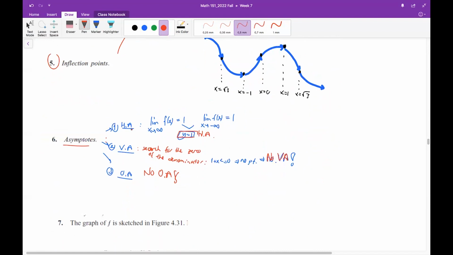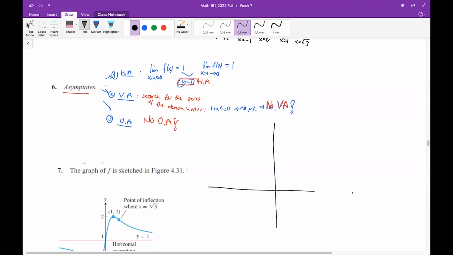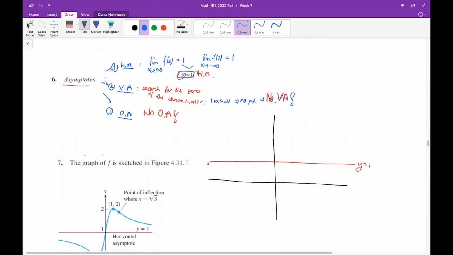That's why now, let me draw the graph here together with you. You have one horizontal asymptote, which is y equals 1 line. So around minus infinity, your graph is close to this horizontal asymptote, right?